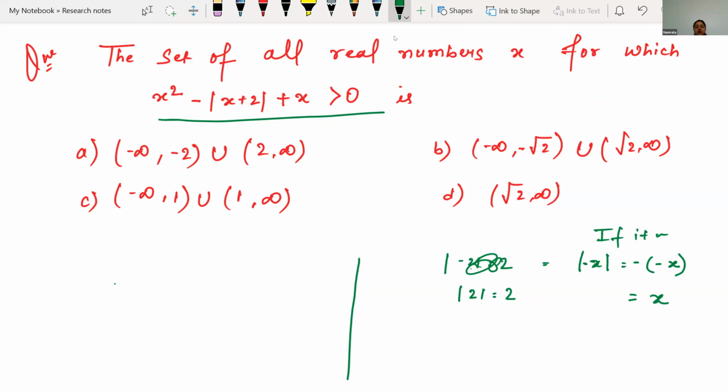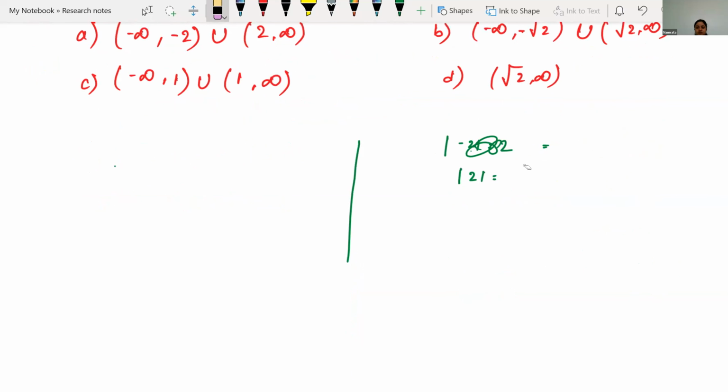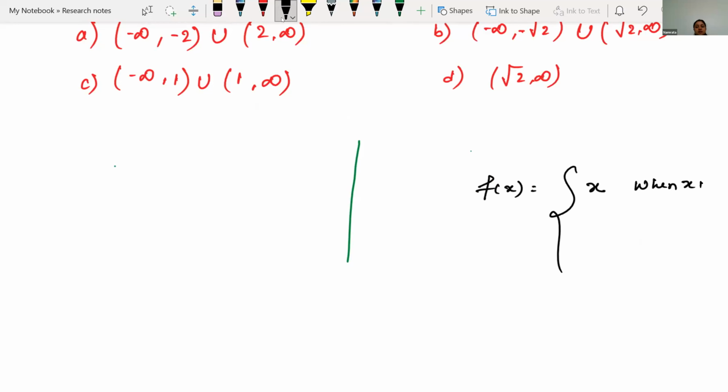Yes, ma'am. If you know the graph of a modulus function, it looks like this one. The function f of x for the modulus function is f of x equals x when x is positive, and f of x equals minus x when x is negative.